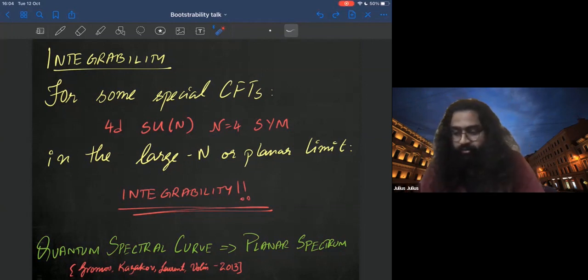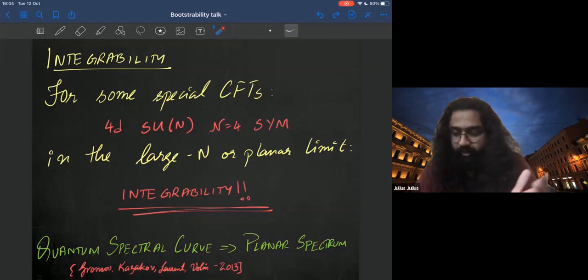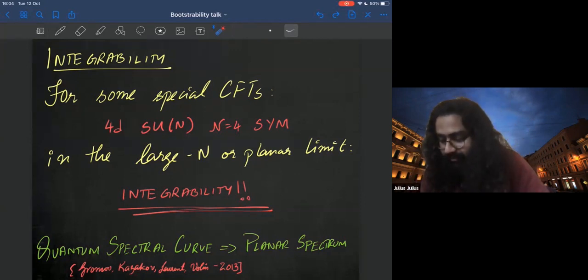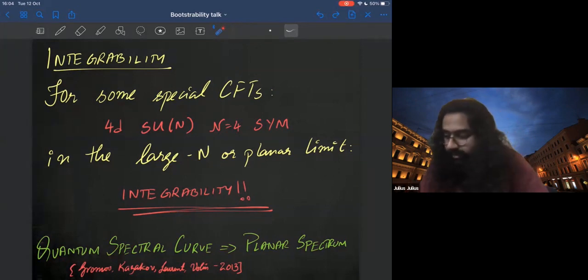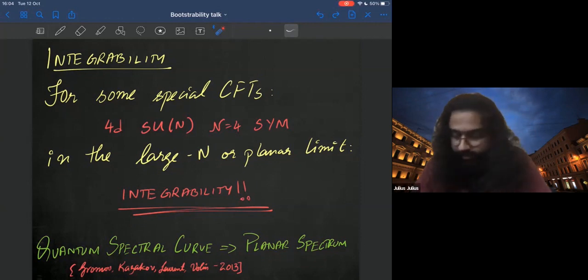Integrability was first seen in a very important paper of Minahan and Zarembo, and then there was almost 20 years of work towards the spectral problem in planar N equals 4 Yang-Mills, and it culminated in some sense with the writing down of the quantum spectral curve. And the quantum spectral curve was able, in principle at least, to give you access to the entire planar spectrum of N equals 4 Yang-Mills for any values of the parameter of the theory, which is the 't Hooft coupling.